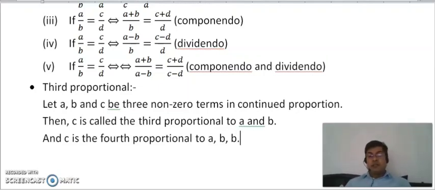So in this case, B will be the mean proportional as we have seen earlier. Clear? So with this explanation part of this chapter is over.